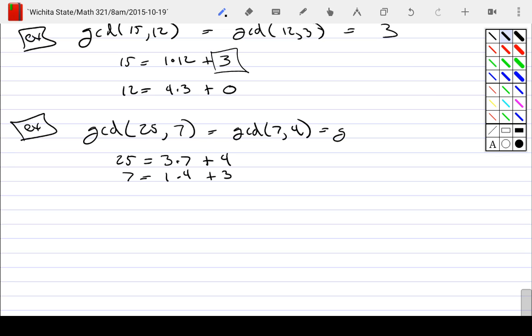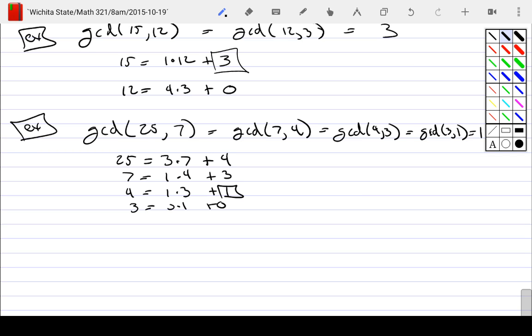So now I've gone to the GCD of 4 and 3. But 4 is 1 times 3 plus 1, right? So now I've gone down to the GCD of 3 and 1. But 3 is simply 3 ones plus 0, therefore the number above is my answer.